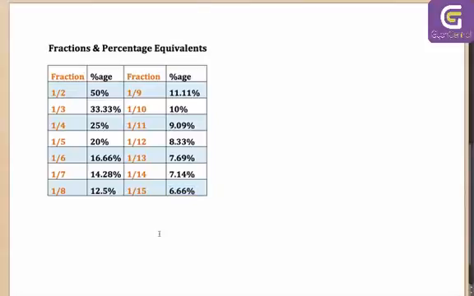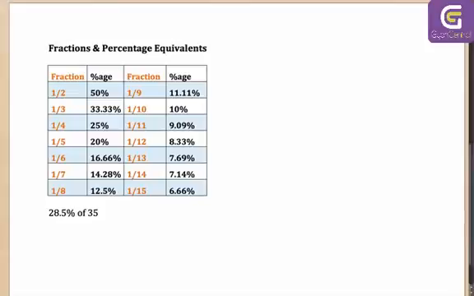Another important point is, where are these going to be useful, or why do I even need to know these percentages? Well, you need to know these percentages just so that you can calculate a little faster. You can't imagine how easy things will be if you have something like this. Let me take a rough example. Let's say you have to calculate 28.5% of 35.